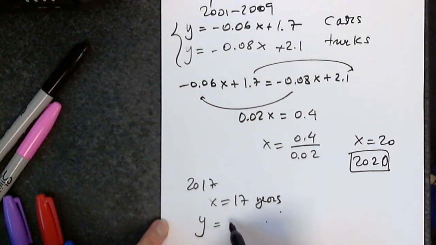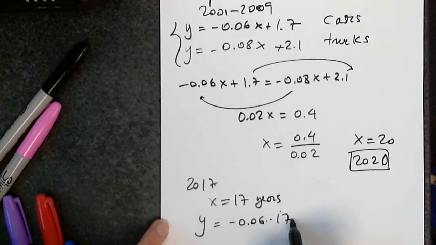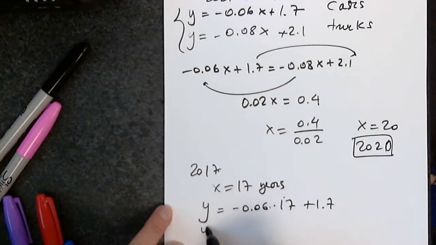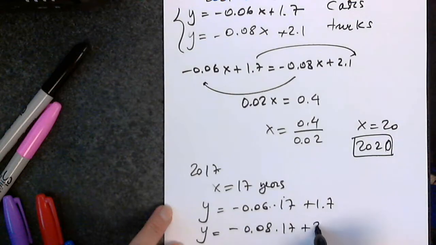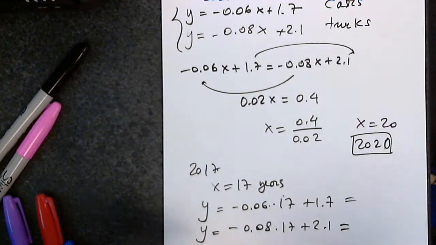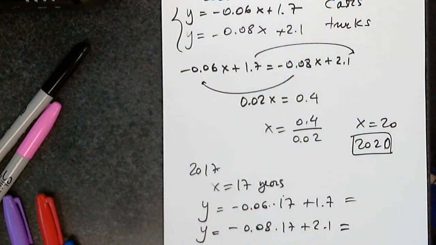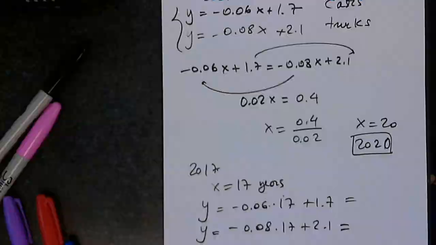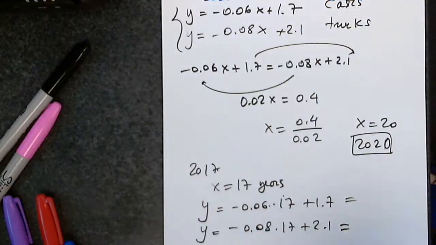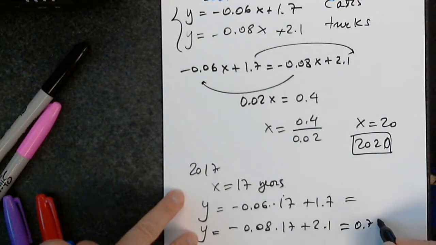And I have to determine y equals negative 0.06 times 17 plus 1.7, and y equals negative 0.08 times 17 plus 2.1. And I'll calculate that. If you want to calculate the first one, I'll calculate the second one. Negative 0.08 multiplied by 17 and plus 2.1. And this is 0.74.